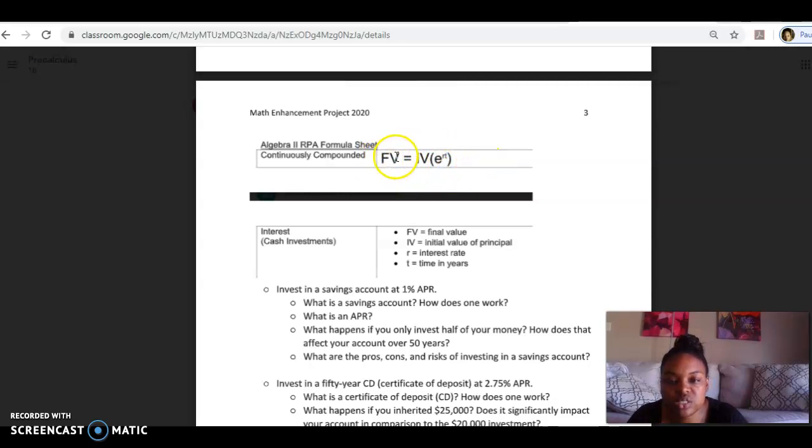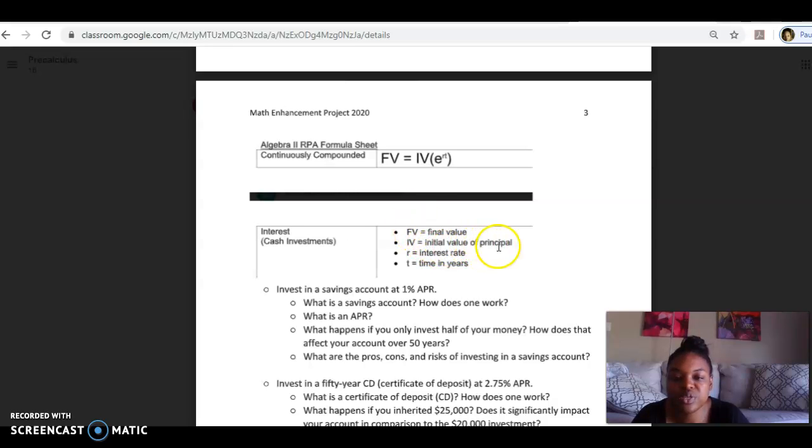And for this equation, the FV is the final value. So that's the value that we're trying to get after a certain amount of time. So for example, if you invested $20,000 for 10 years, the FV represents how much money will be in that savings account at that point.